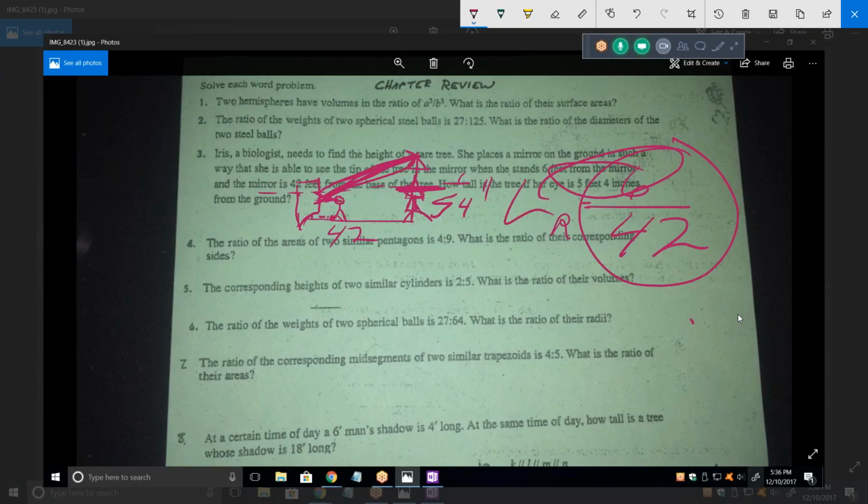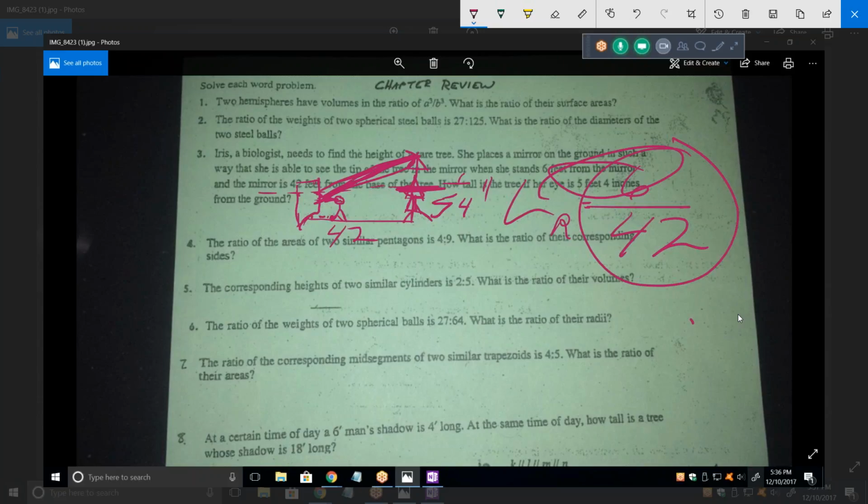No, you're right. The problem is right. There's going to be a 7-to-1 amplification. If she's 1/7 of the distance, she's going to see the whole tree. She's going to see all 7 times her height, or her eyeball height.